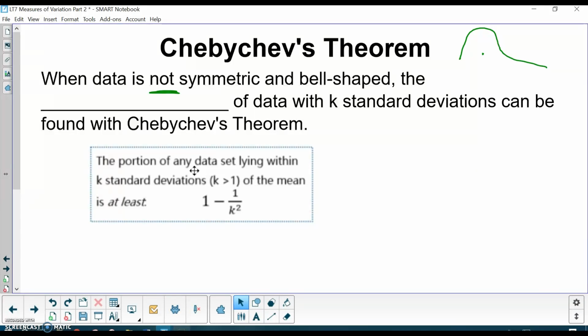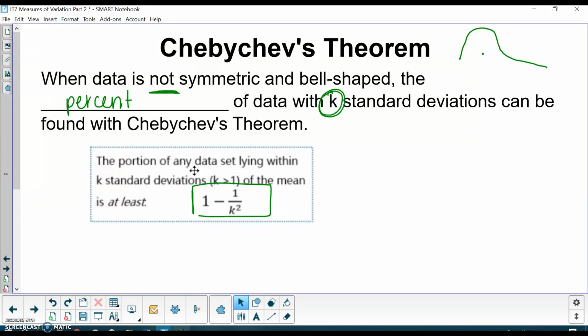So it's skewed to one side. So the percent of data within some number, k is just our variable, of standard deviations can be found with this formula. It is not very accurate, and that's why we're not going to test over it, but it is good to know.